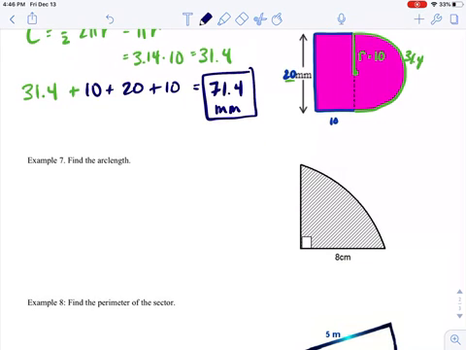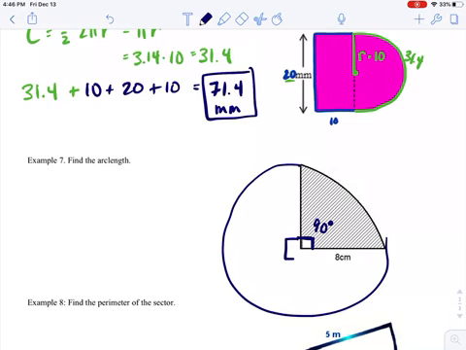Okay, next, arc length. This is a portion of a circle here. We can imagine drawing in the rest of the circle. It's kind of a weird looking circle, but let's go with it. Let's say it's a quarter of a circle. This is 90 degrees. And I know that if I went all the way around, I'd have 360 degrees. So this is 1/4 of a circle.